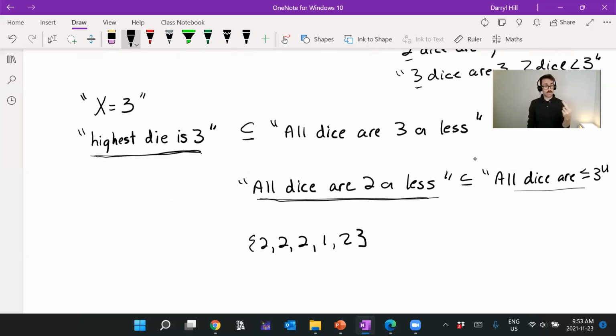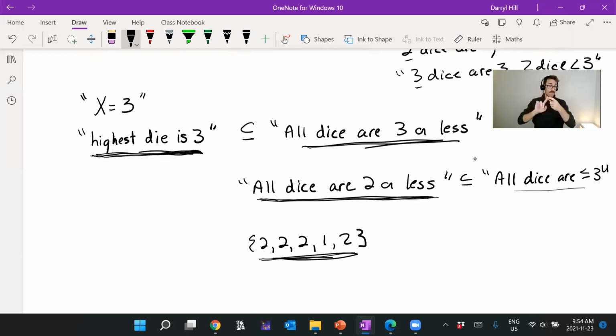I have this event. But that is not a part of this subset where the highest die is a 3. However, this is part of this one and this one. So if I subtract all of these from all of these, then I end up with all of these, right?